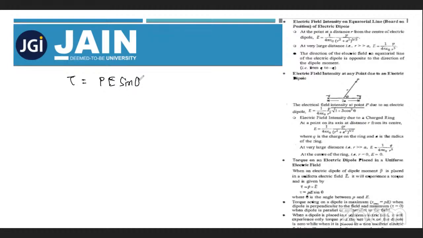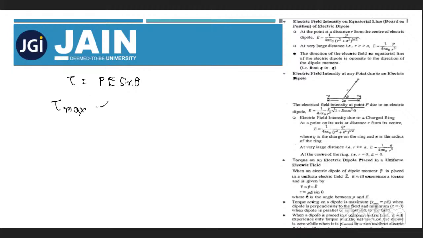So torque is equal to PE sine theta. If I have to find at what place the torque will be maximum: in general, torque is the product of force and the perpendicular distance from the axis of rotation. So when the dipole is put in a uniform electric field, the torque is given as PE sine theta.